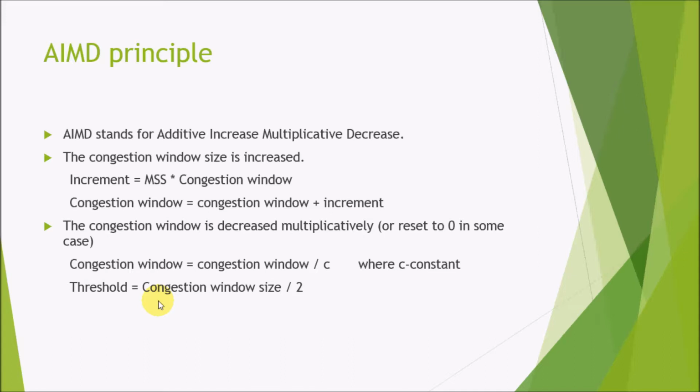Threshold is a quantity which represents that our window size has reached half of the maximum size of the congestion window. So we can further control the growth of the window size, as a precaution against congestion.